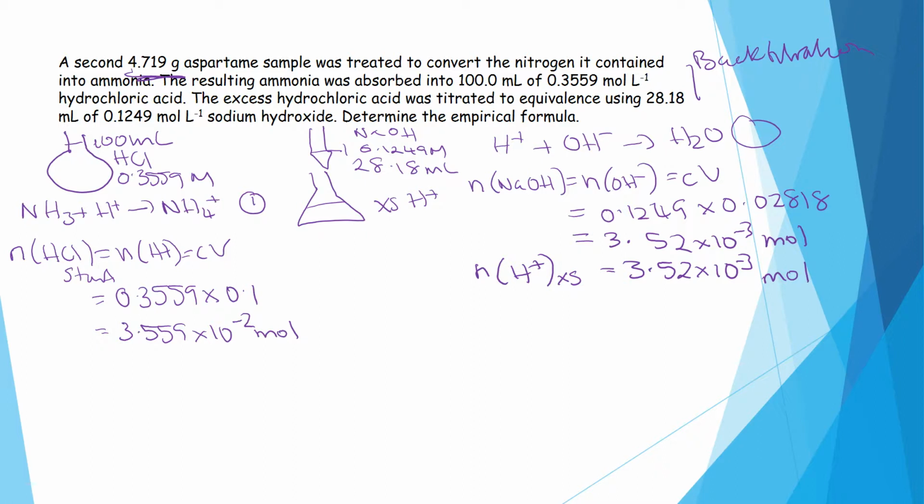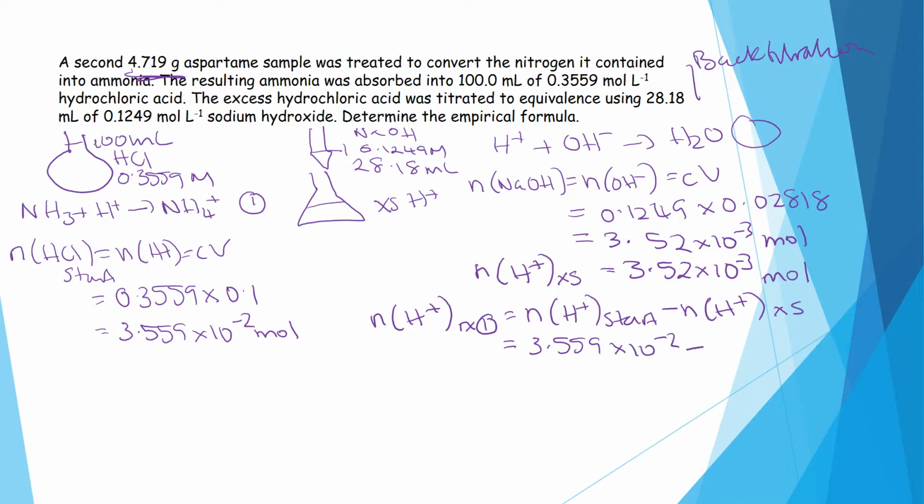This means now that you can work out the number of moles of hydrogen ions from reaction 1 that we used, which will equal the number of moles of hydrogen ions from the start minus the number of moles of hydrogen ions in excess, which will equal 3.559 times 10 to the negative 2 minus 3.52 by 10 to the negative 3.